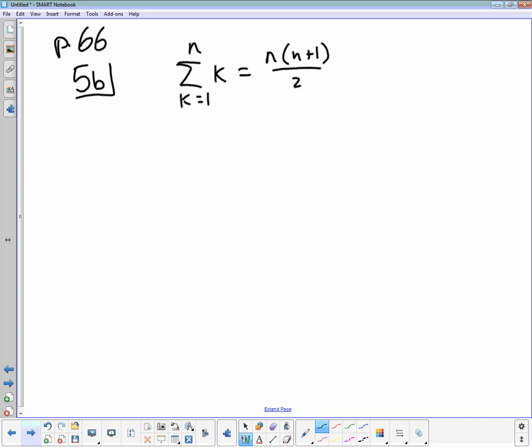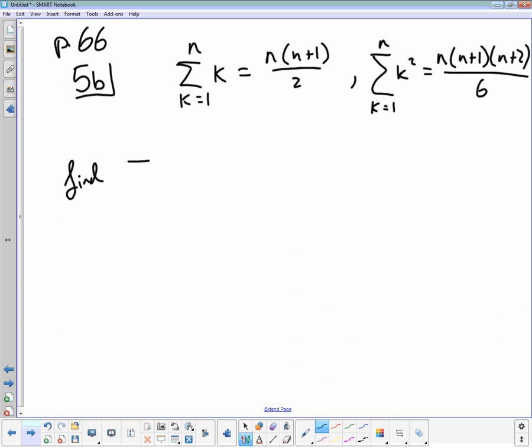And I also know this other sum, and we are asked to find the simplest form of the sum of k plus 1 times k plus 2.